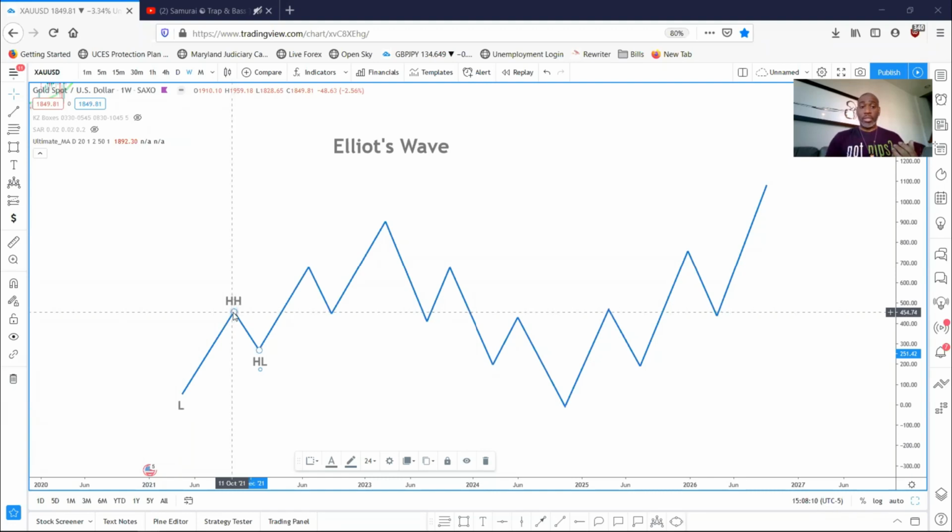What happens is your sellers are now the larger part of the market, which creates that corrective move. And typically that corrective move is 50% of the impulsive move, okay?